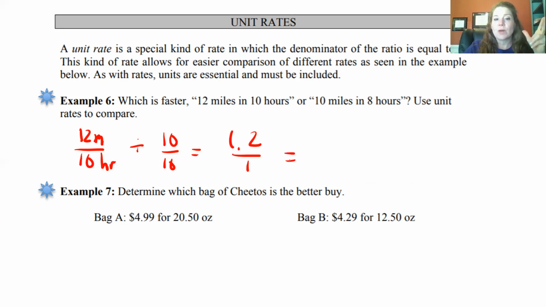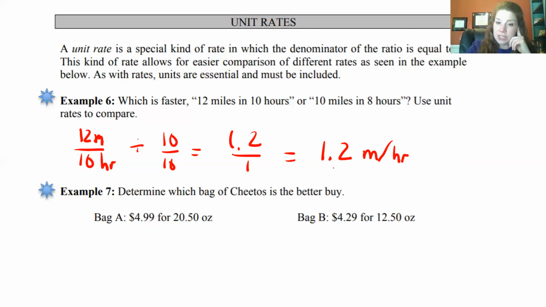Well, 1.2 what? So basically, it's telling us we can go 1.2 miles per hour. In other words, if you just take your original ratio and divide the top number by the bottom number, it's going to go straight to your unit. How many in 1 hour? How many miles in 1 hour?